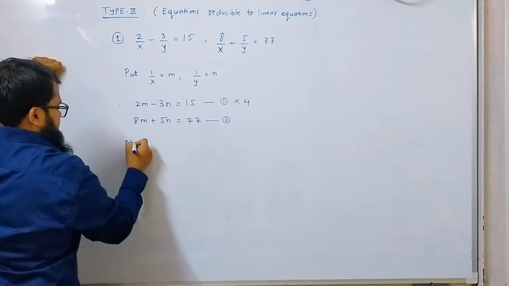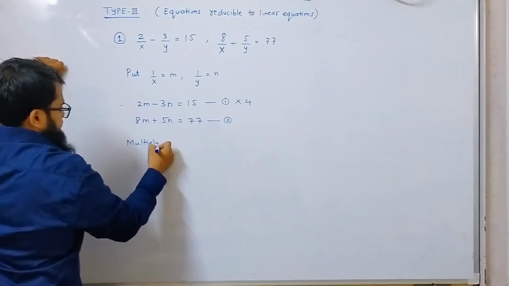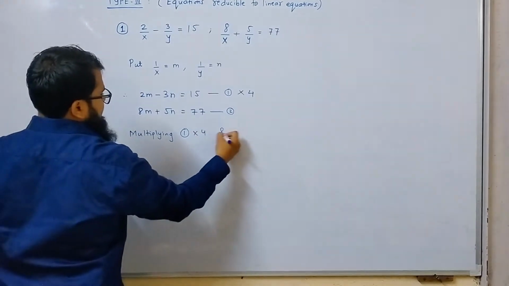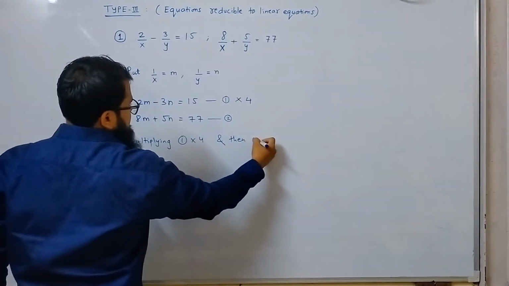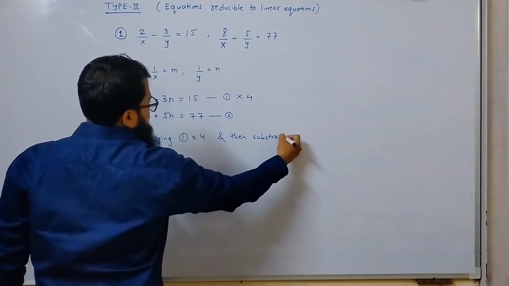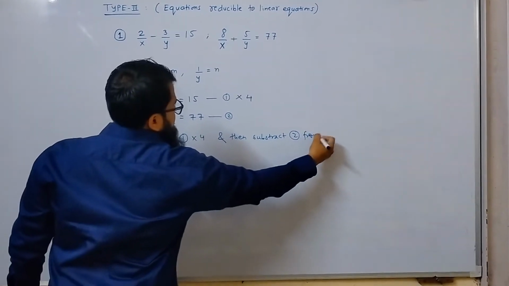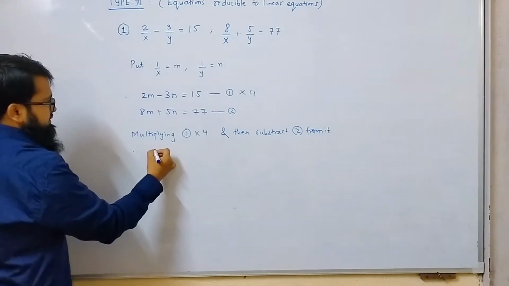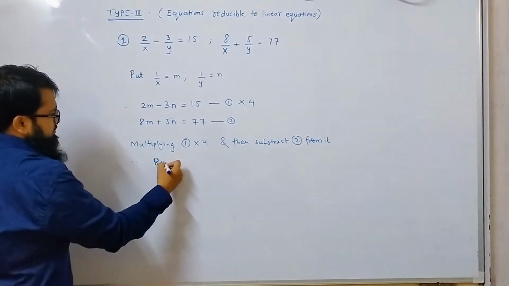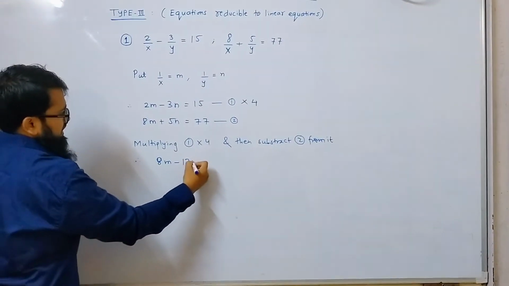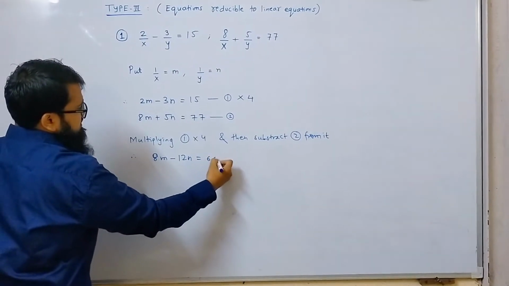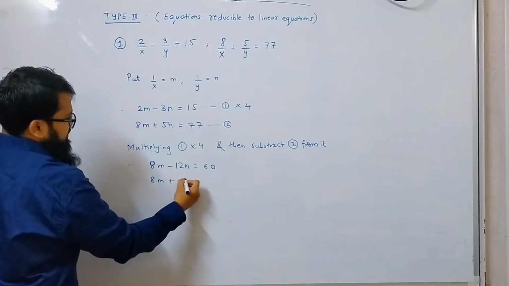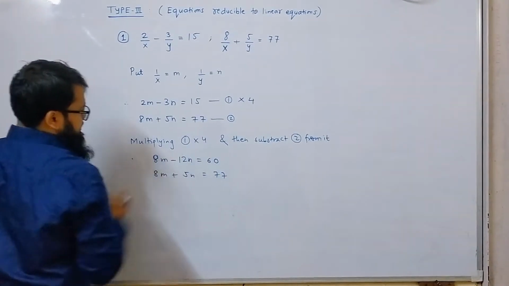So multiply equation 1 by 4 and then subtract 2 from it. Therefore, we will get 8m minus 12n equals 60 and 8m plus 5n equals 77.